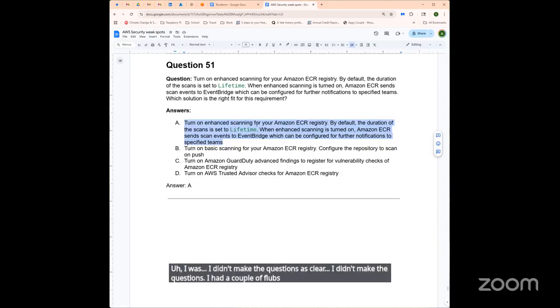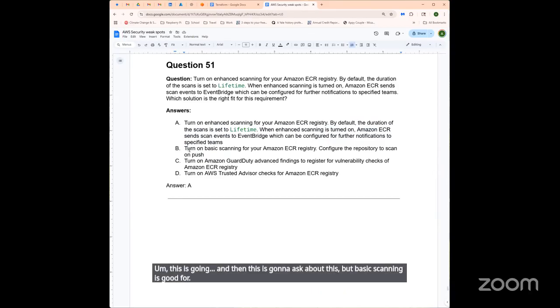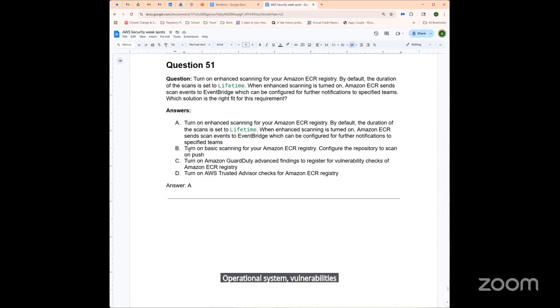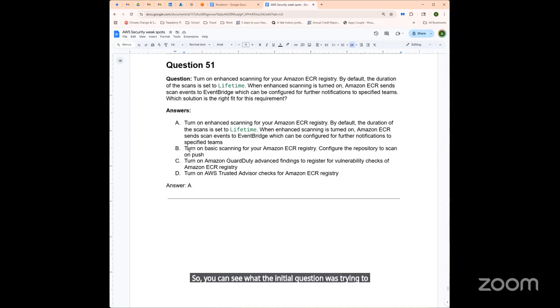My apologies. Basic scanning is good for operating system vulnerabilities using the CVE database, so this is not good for programming languages. So you can see what the initial question was trying to ask about: enhanced scanning for CVEs, for programming languages, and how this would be done.